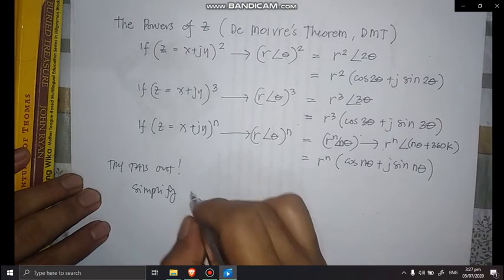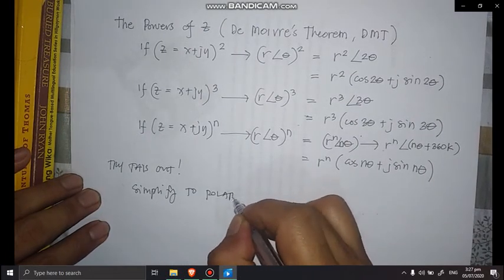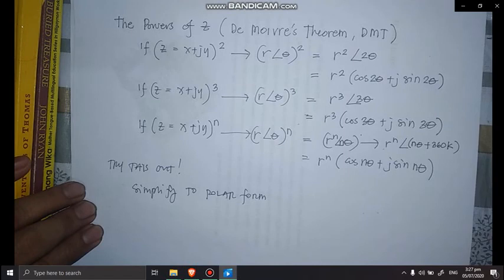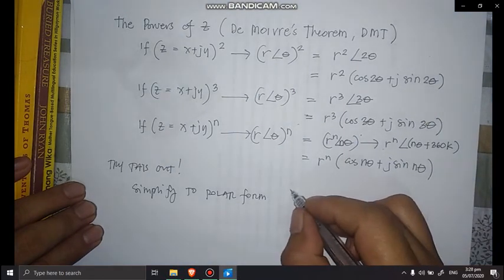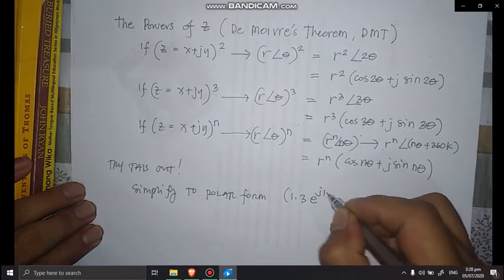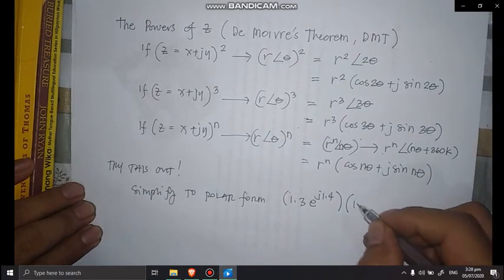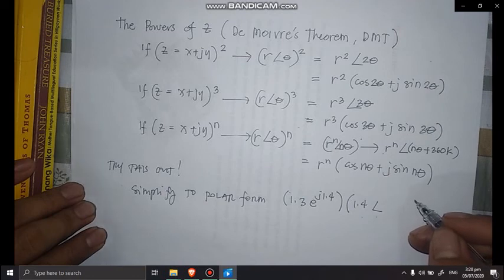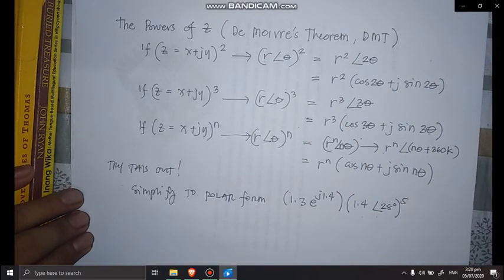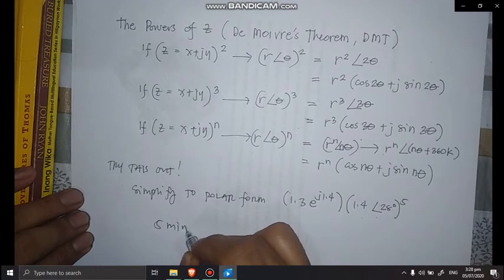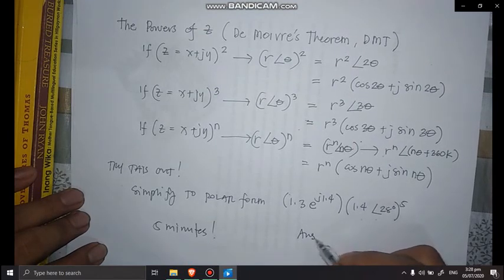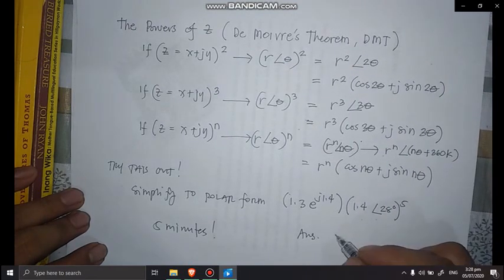You are going to simplify to polar form 1.3 e raised to j 1.4 multiplied by 1.4 angle of 208 degrees, to the power of 5. So you will be given 5 minutes to answer the problem. So try to pause your video first, and then try to answer the problem.